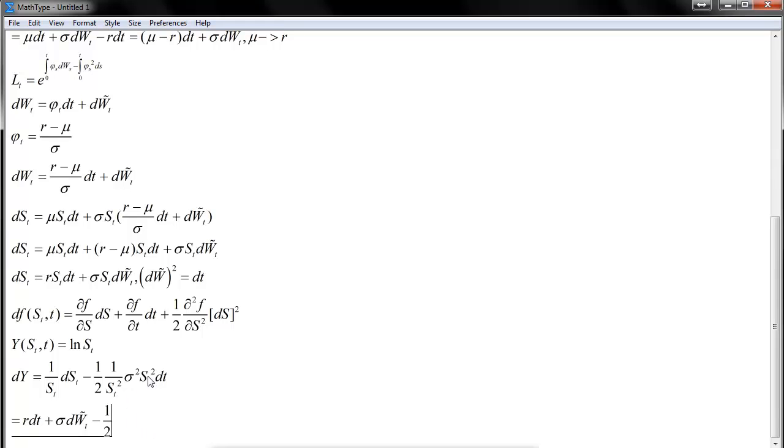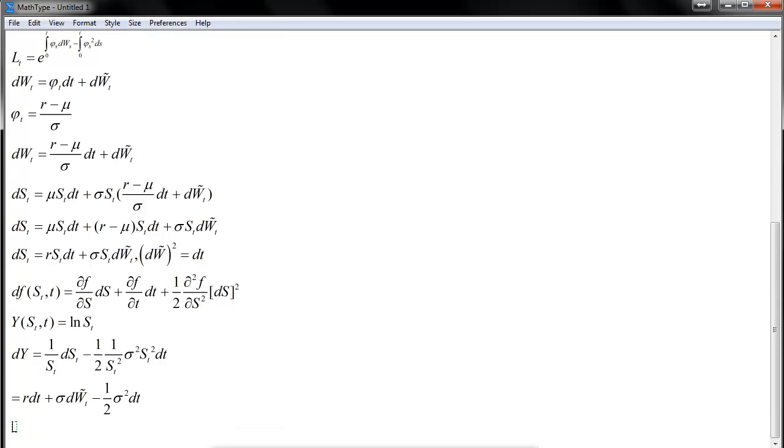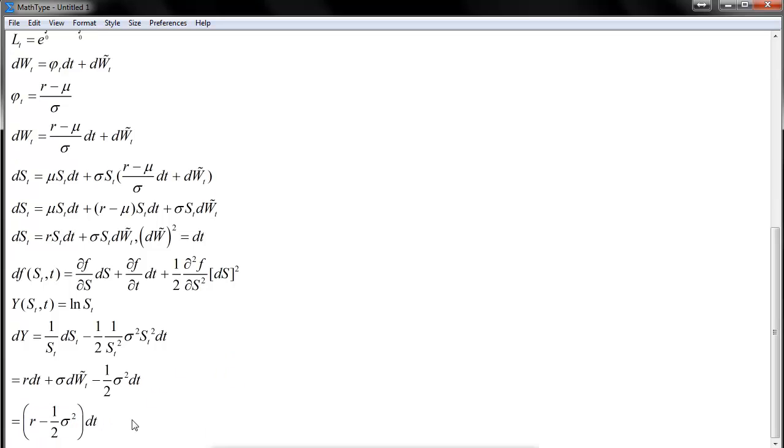Well, these two terms cancel, and I only get sigma squared times dt. If I regroup that, I get r minus this term, dt, plus sigma times the stochastic differential.